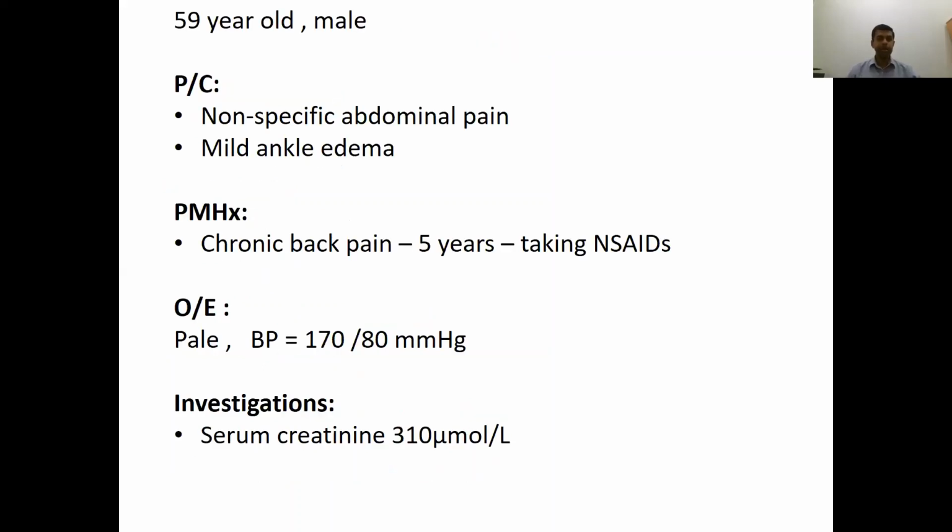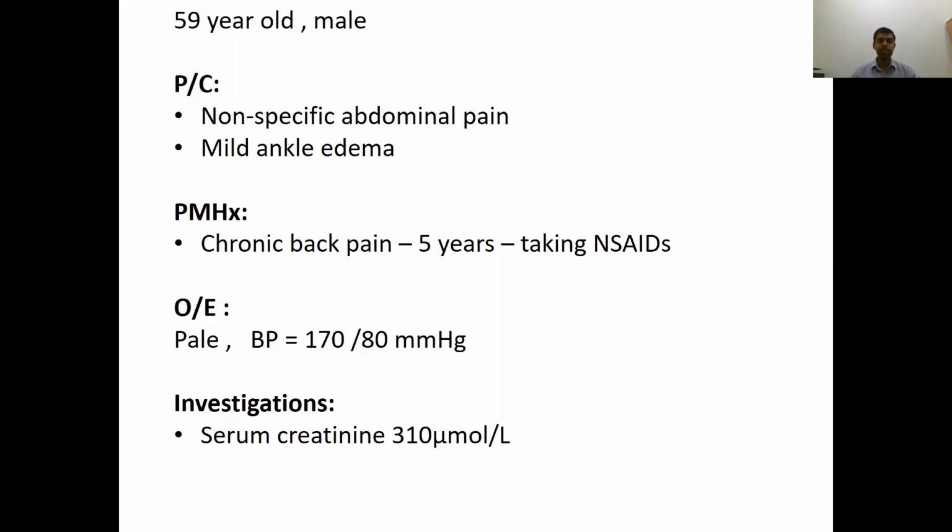To start with, we'll take an example, a classic patient you will see in your day-to-day ward rounds. A 59-year-old male patient who's presenting with non-specific abdominal pain, mild ankle edema, and in the past medical history, he's got a chronic back pain going on for 5 years duration, for which he's on non-steroidal anti-inflammatory drugs.